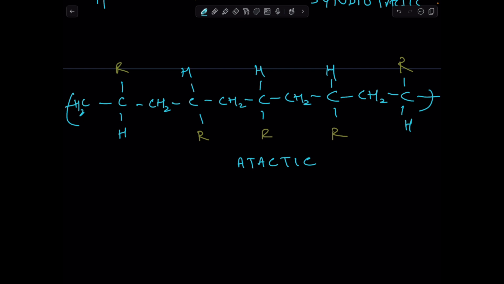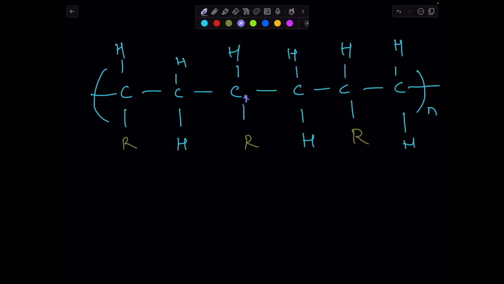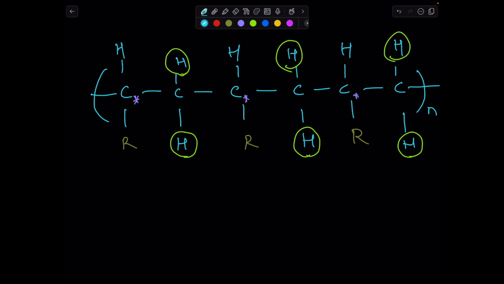Let us focus on the methylene groups in the backbone of the polymer chain for the 3 isomers. These are the pseudochiral centers, and we are going to focus on the methylene hydrogens for the isotactic polymer. If this group R is bulky, then there is restricted rotation around the carbon-carbon single bond here. Because of that, these two hydrogens are in different environments.